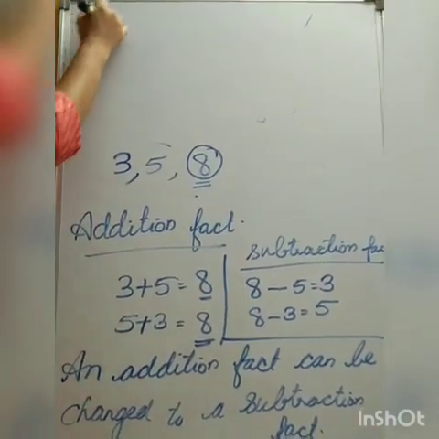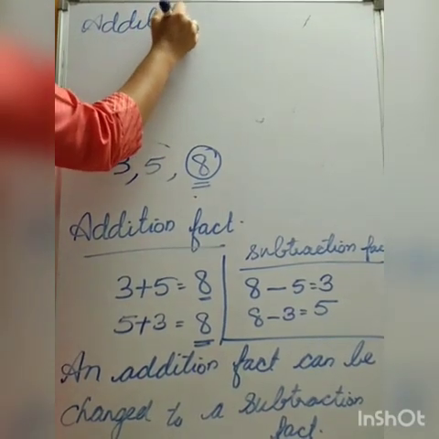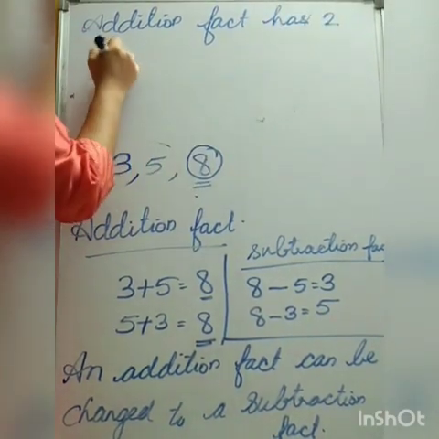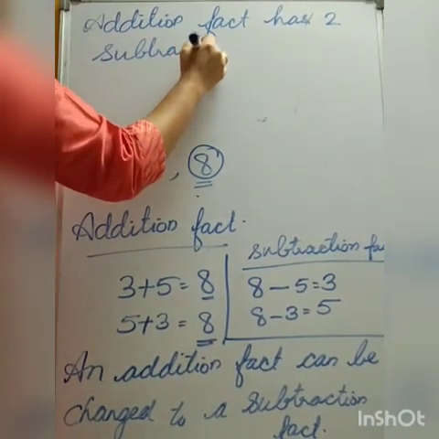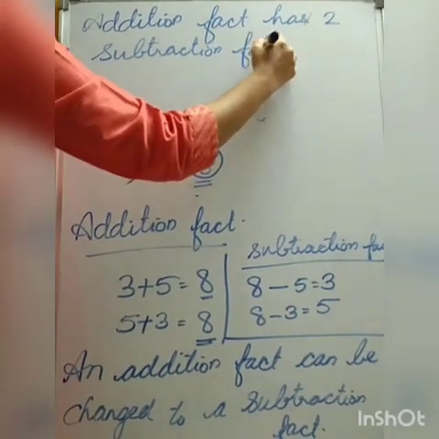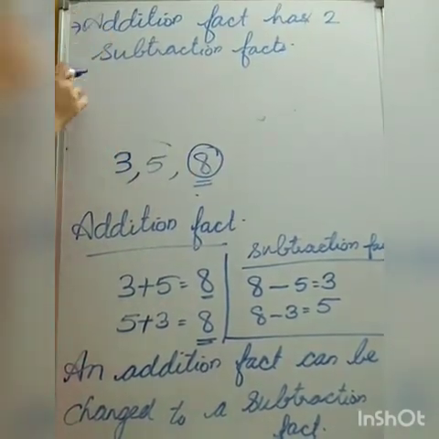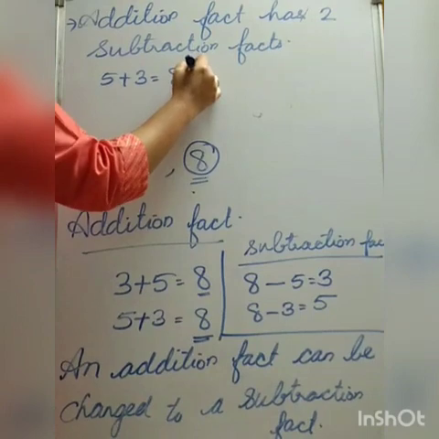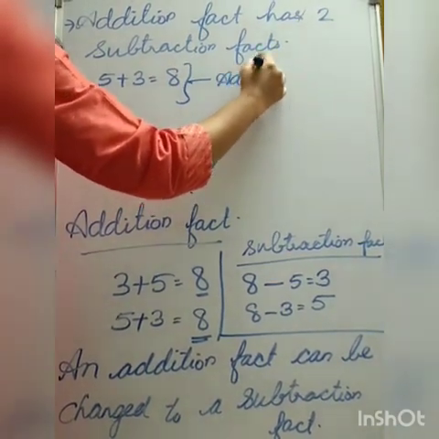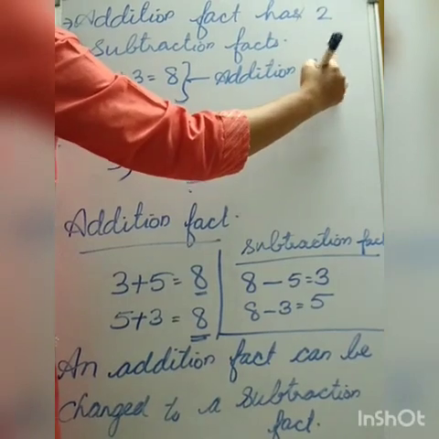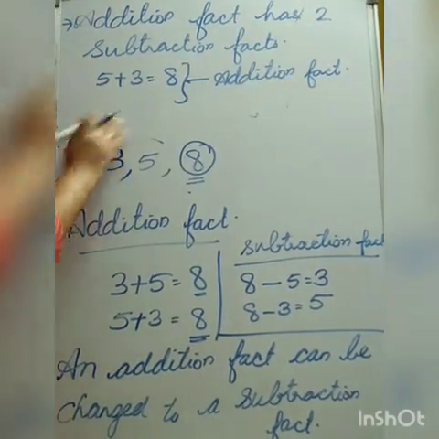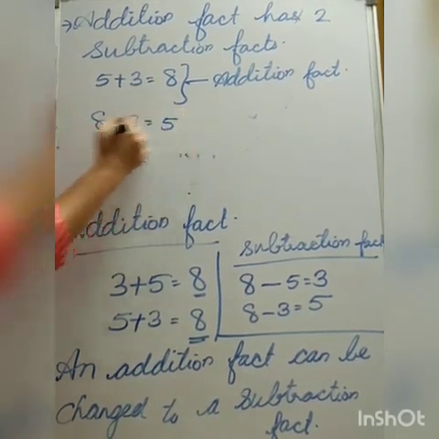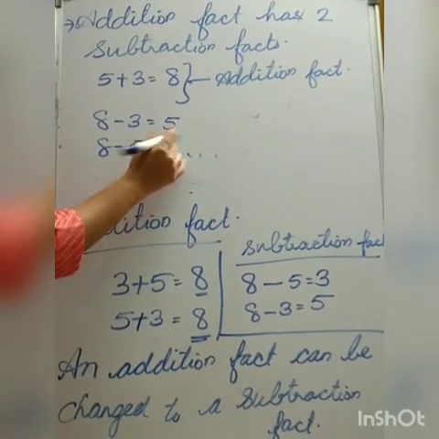In fact, an addition fact has two subtraction facts. That means 5 plus 3 is equal to 8. By using this addition fact, we can make two subtraction facts. Which are the subtraction facts? 8 minus 3 is equal to 5. 8 minus 5 is equal to 3.